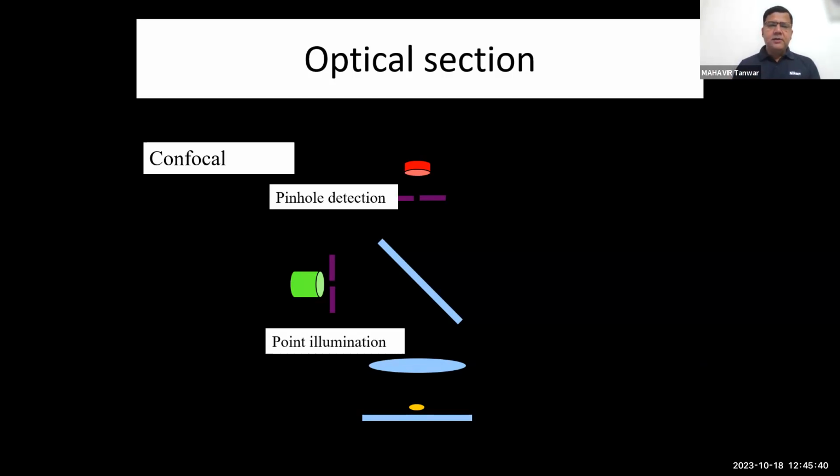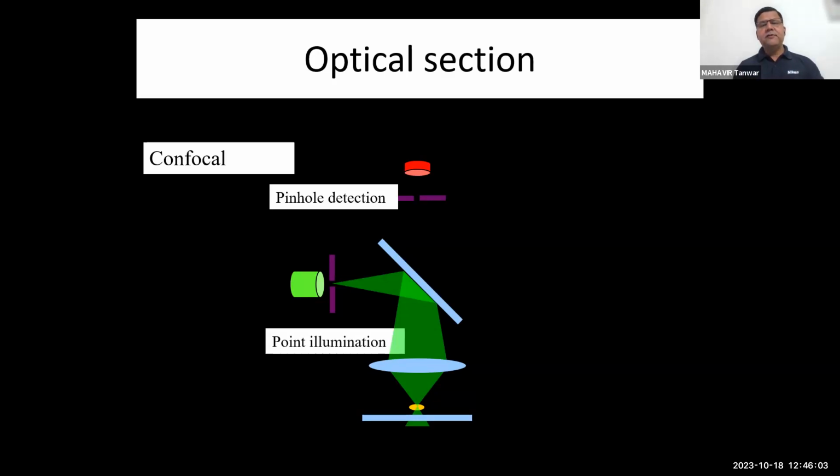So let's see what happens in a confocal. When the illumination is coming, the illumination in confocal will always be laser based, depending on the dye you are using. So the excitation needs to be selected. Let's say if it is DAPI, you want to capture a nuclear staining, so definitely you need to use a 405. These are defined wavelengths.